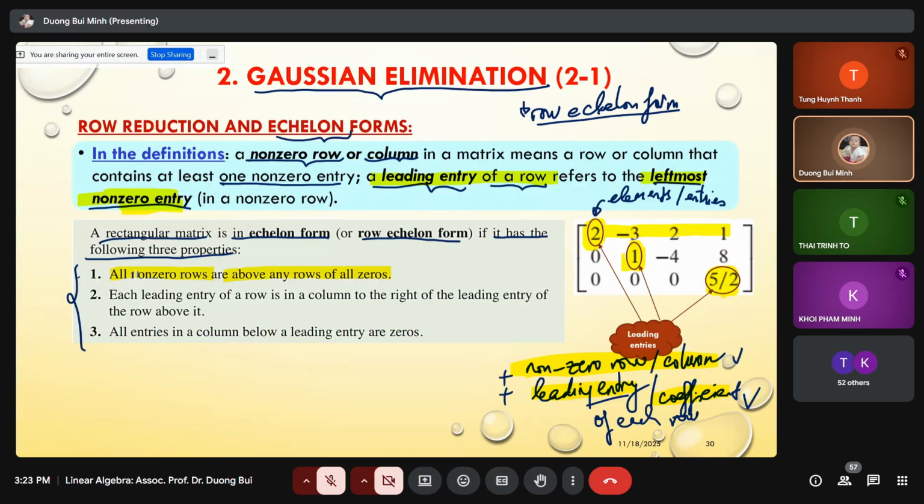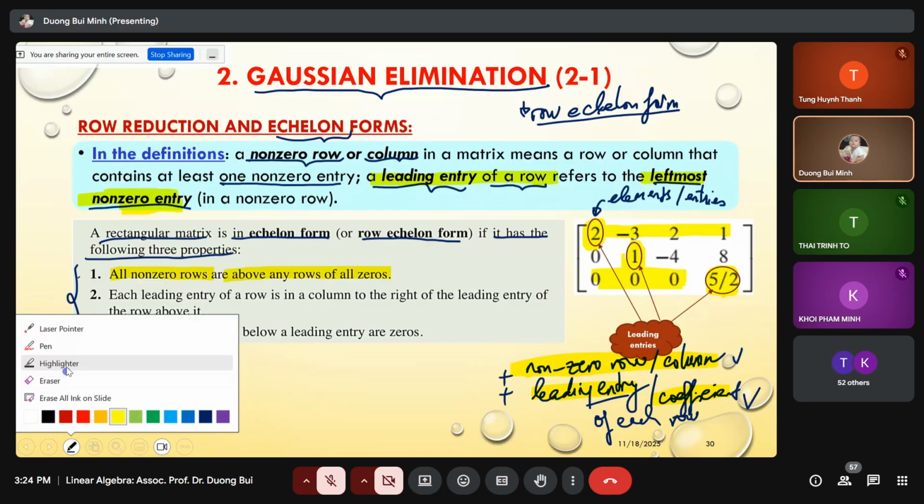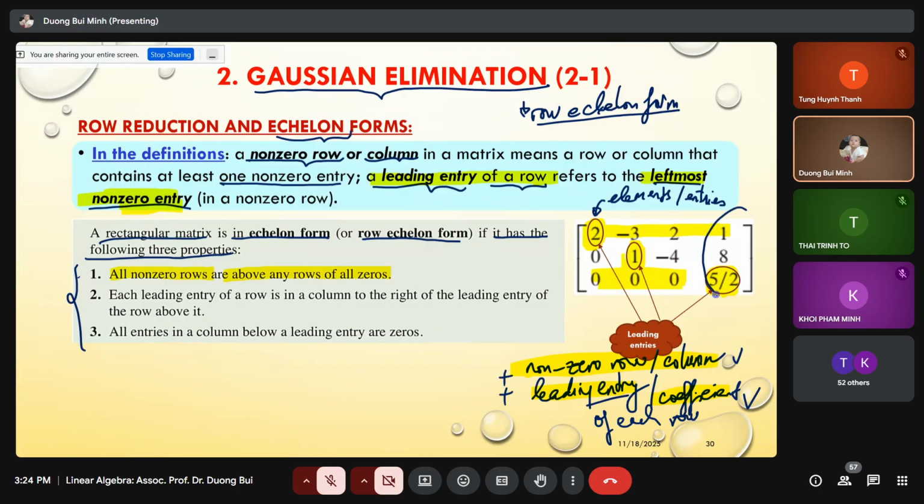Again, all non-zero rows are above any rows of zeros. So here, for example, if we skip this one, this one is a zero row.